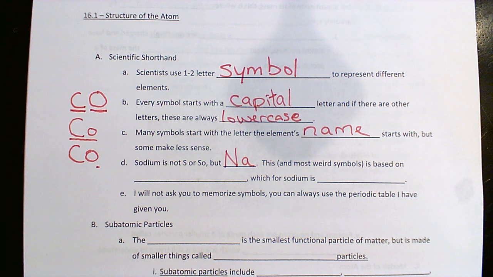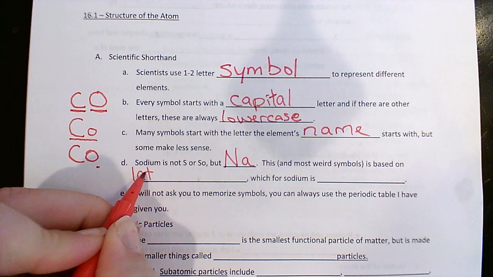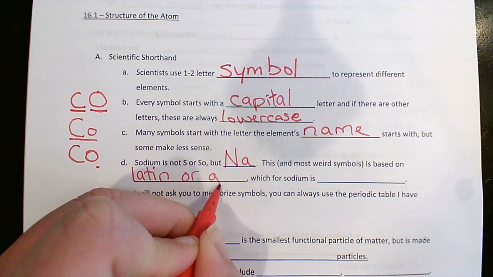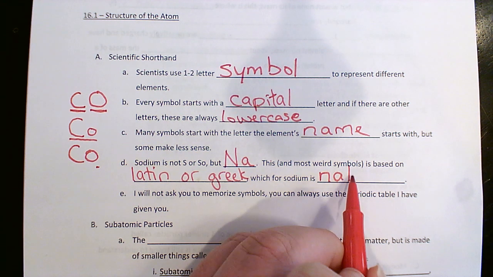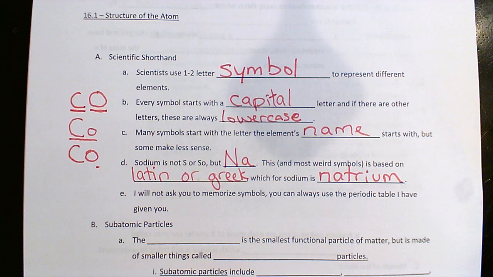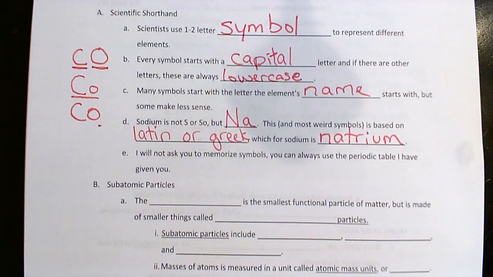Most of the weird symbols are based on Latin, though I think a couple are Greek. Sodium is natrium in Latin, so that's the origin of the symbols that seem like they don't make sense. It's from another language, and the symbols are the same no matter what language you speak. And so there you go.